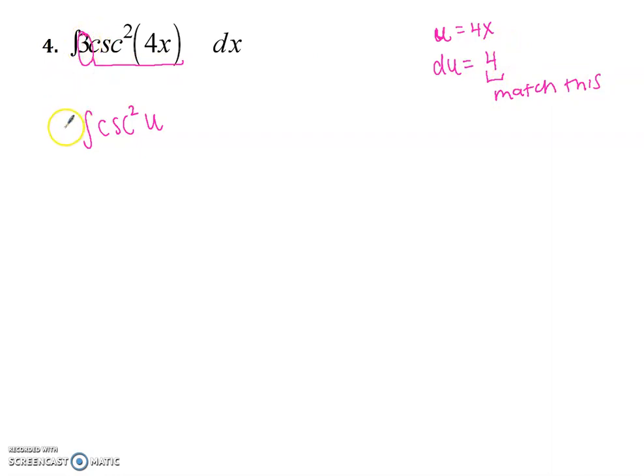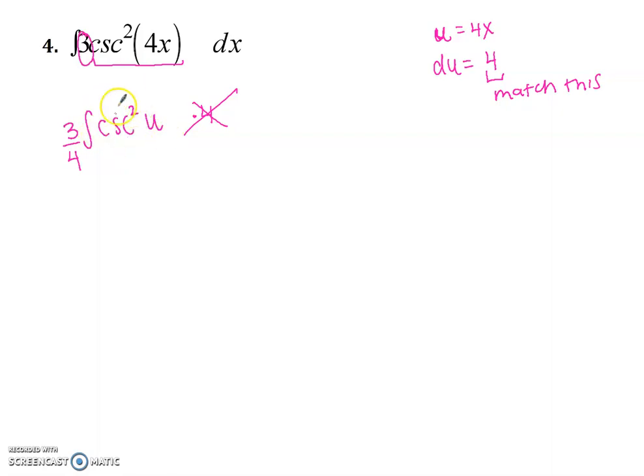So this 3 doesn't match, so I'm going to go ahead and move it to the outside. Okay, so I still need to multiply by 4 on the inside so that I can match this du. So since I'm multiplying by 4 here, I need to divide by 4 on the outside. Now that this matches, now I can get rid of it.